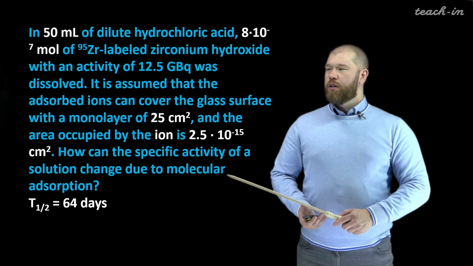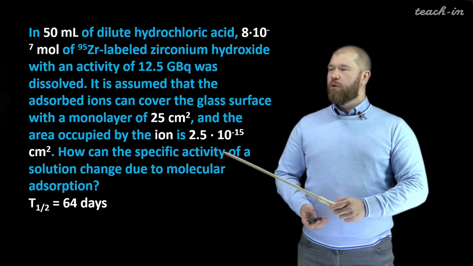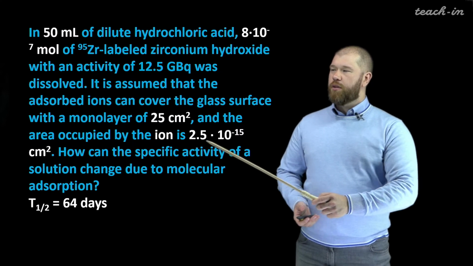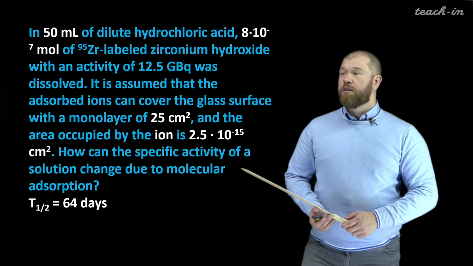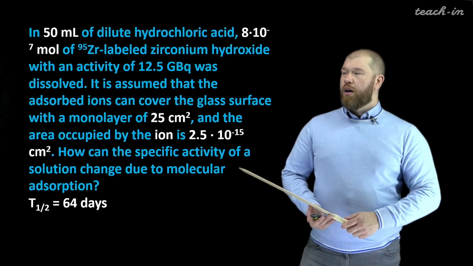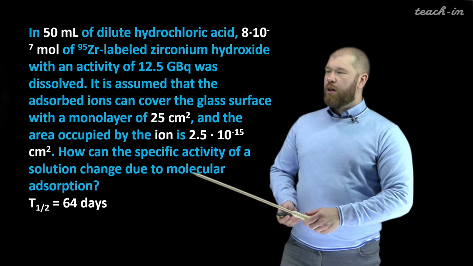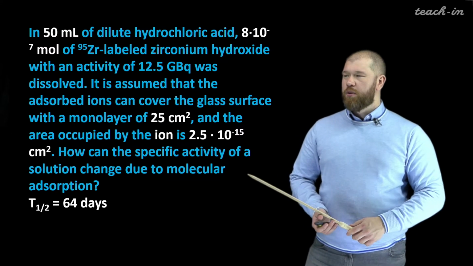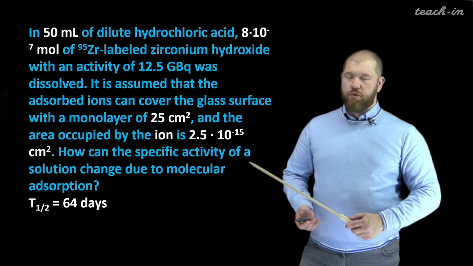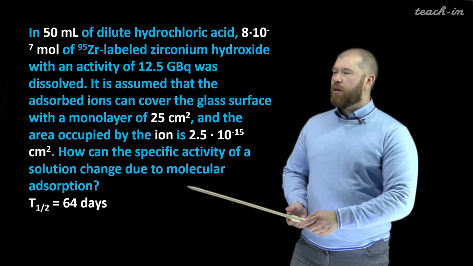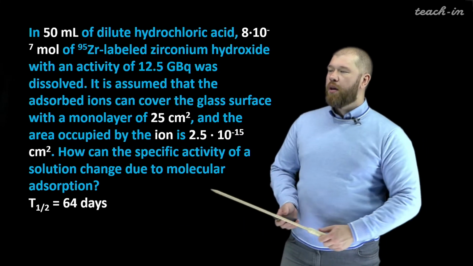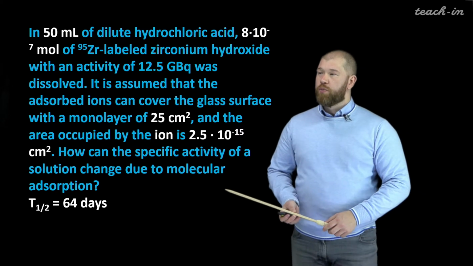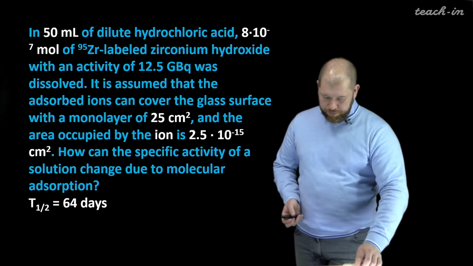And we know that one ion of zirconium occupies a surface area equal to 2.5 × 10^-15 square centimeters. The question is how the specific activity will change during the time due to the molecular adsorption, if we know the half-life of zirconium-95.